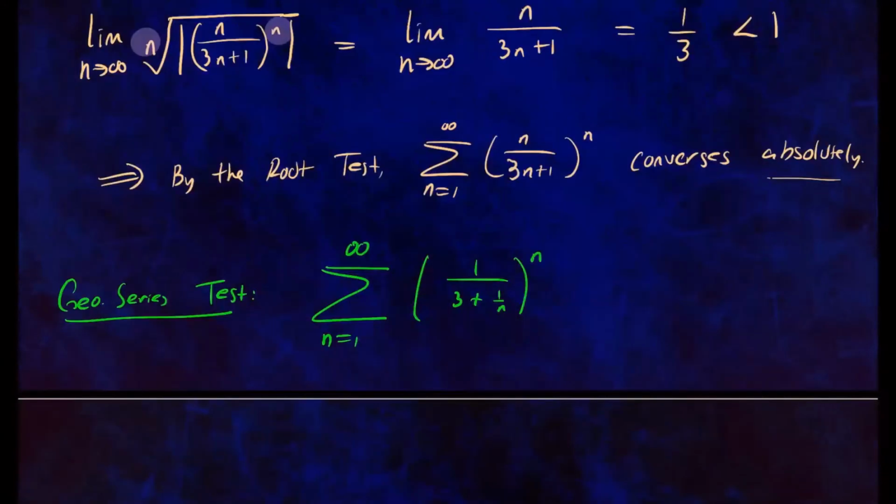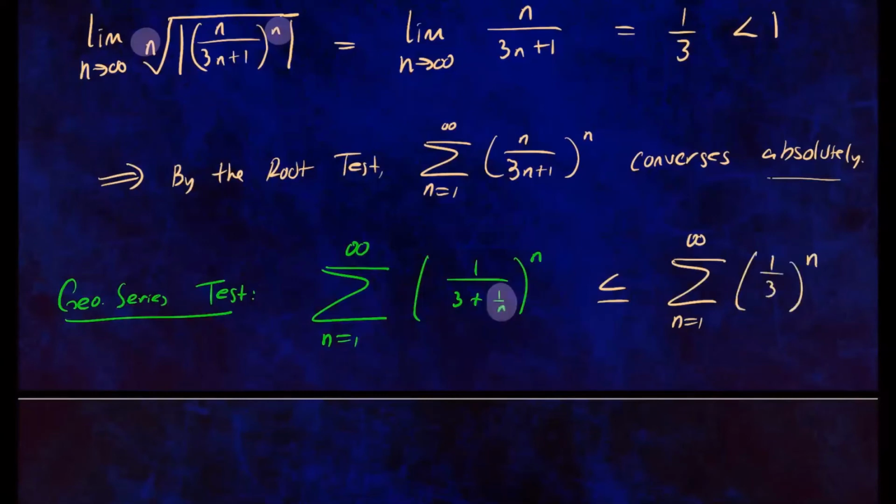So this series is definitely less than or equal to the series, sum from 1 to infinity of 1 over 3 to the n, because as n gets larger, 1 over n is a positive term. So I'm comparing it with 1 over 3 to the n power.